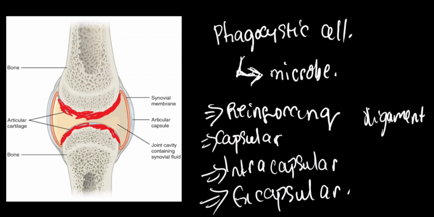Okay, so it's just kind of like a thickened part of the fibrous layer of the articular capsule. Of course, here in this picture we can see the articular capsule. The articular capsule is made of both the synovial membrane and the fibrous layer. So when we have a capsular ligament, it would simply be a thickened portion of the articular fibrous layer.